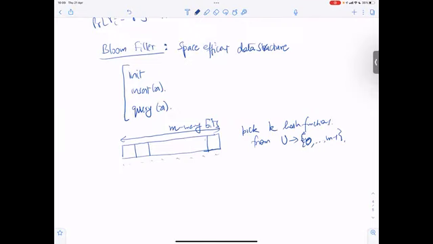Okay. So now the idea is how do you insert X? So H1, H2, Hk.